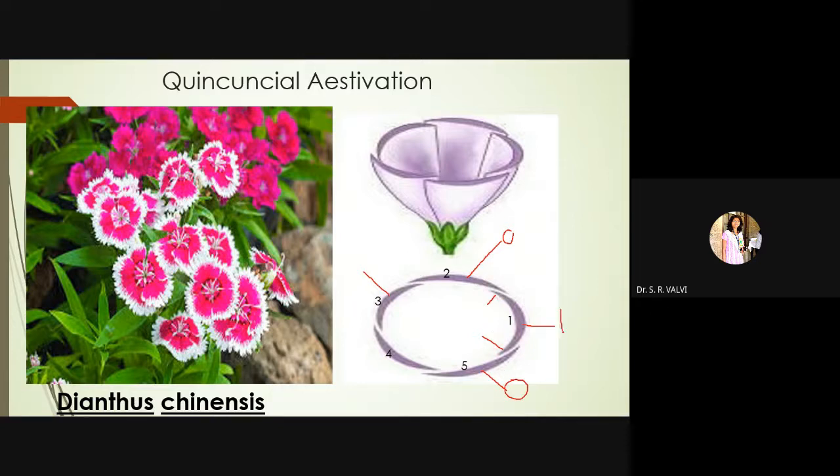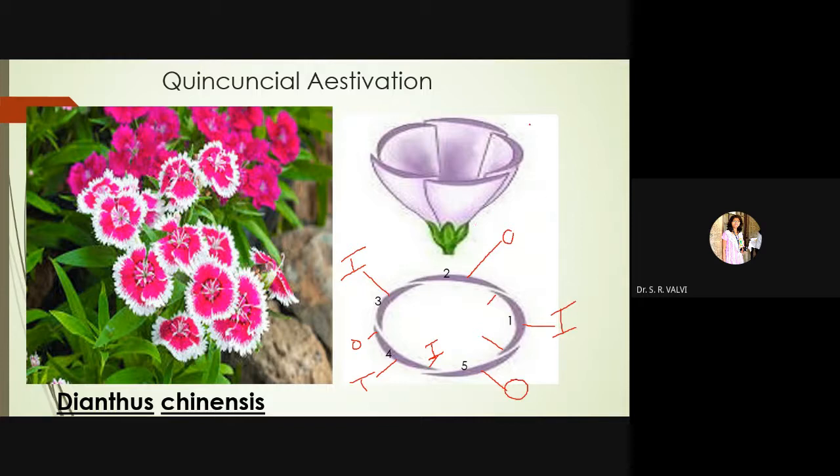So hence we write the I condition here, and in case of 3 also the I condition. And just look at sepal number 4: one end is in and one end is out. So this condition, out in condition, is always the twisted condition, right?